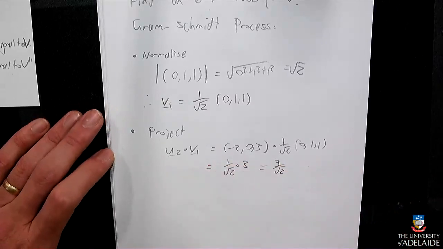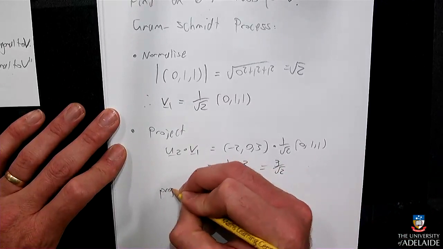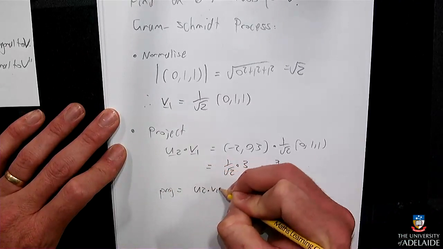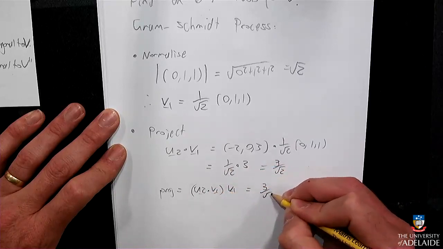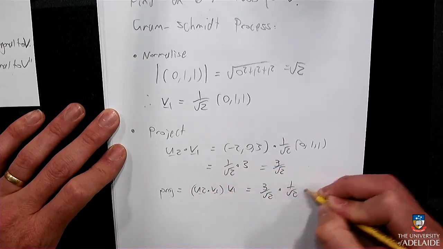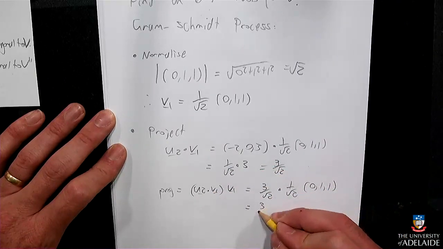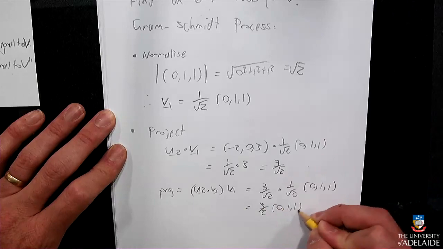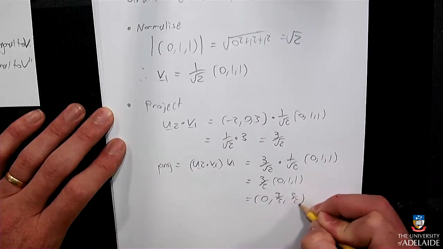And so the projection will be this, which is 3 on 2, which is (0, 3/2, 3/2).